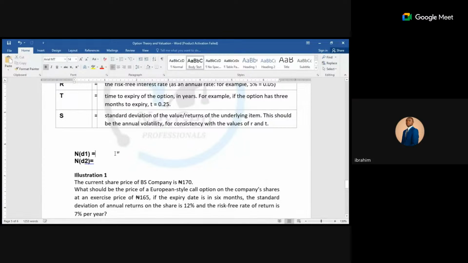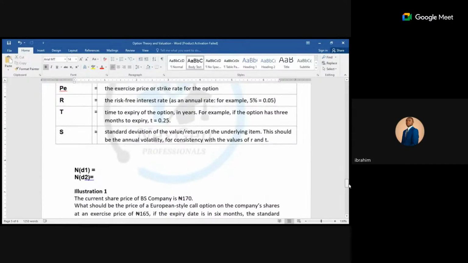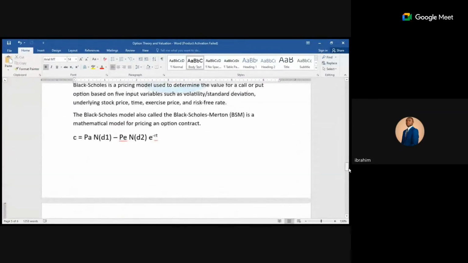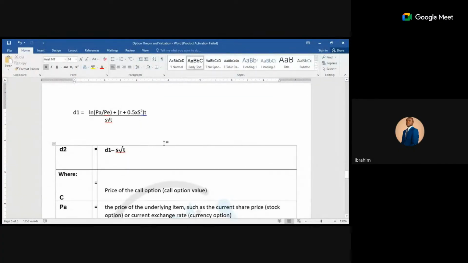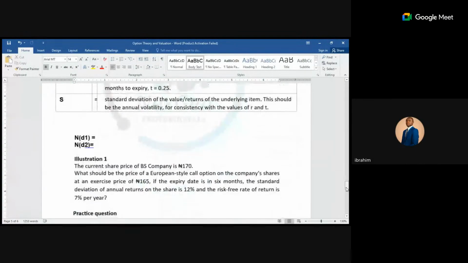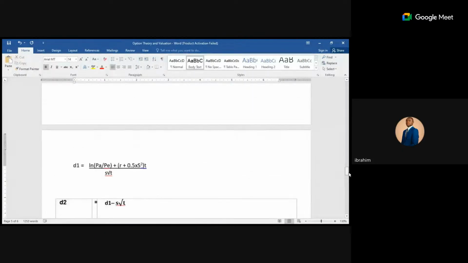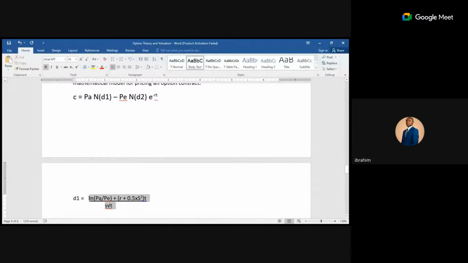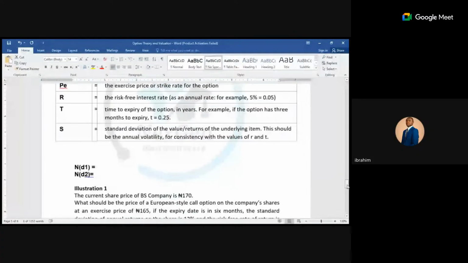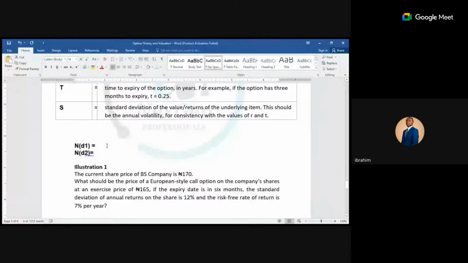Now, if for instance the D1 is positive, if you calculate the D1 and it is positive, let's say you have positive 0.786.